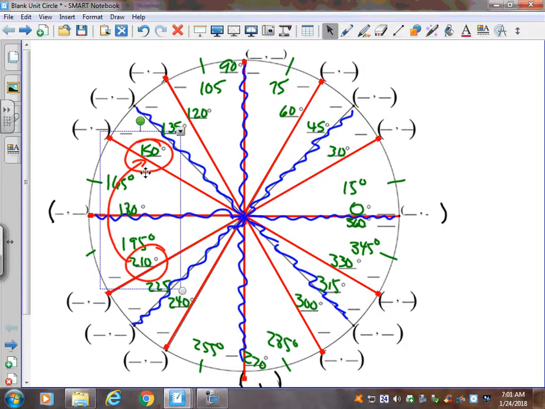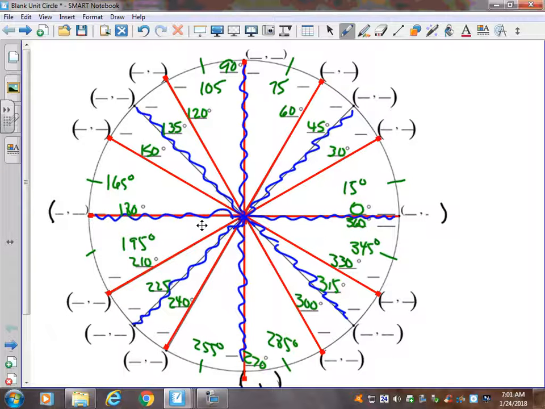First, I need to get rid of this circle stuff I drew on here. Okay. So the first thing you need to know about dividing up your unit circle is that from 0 over to 180 has 12 pieces in your unit circle.